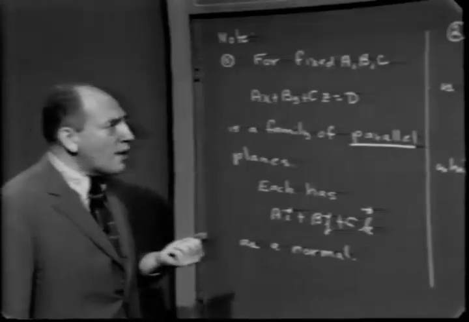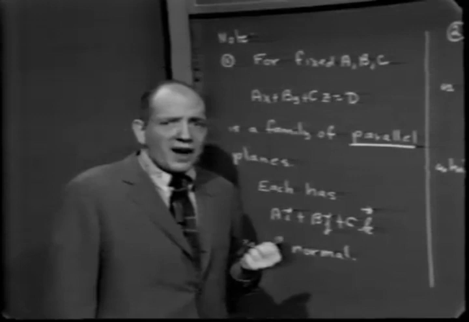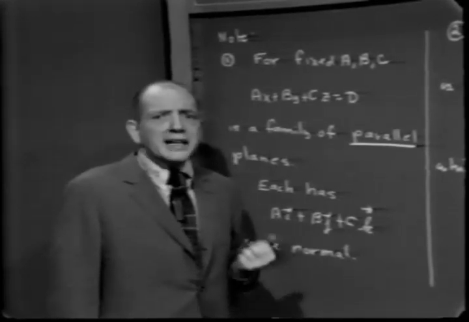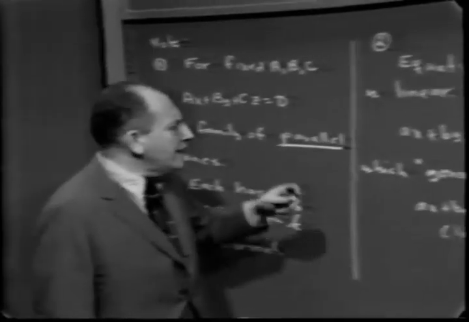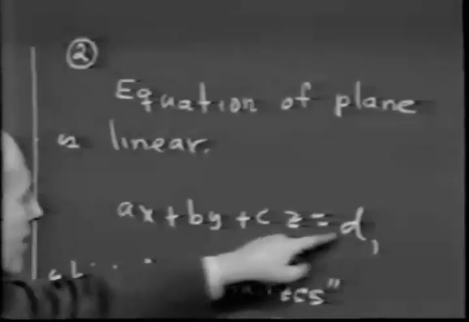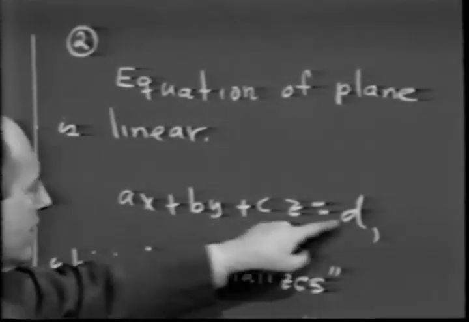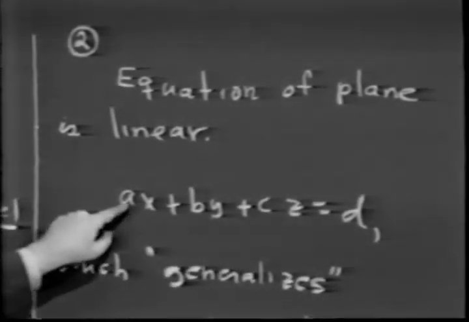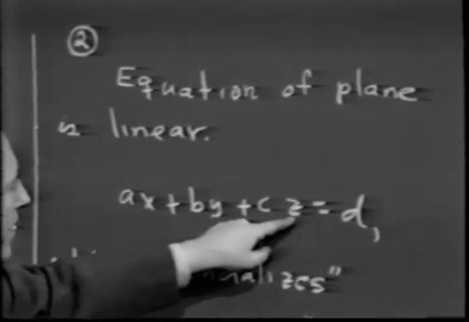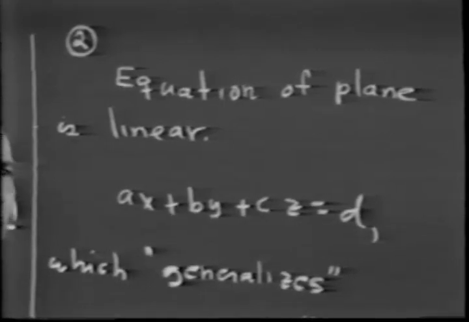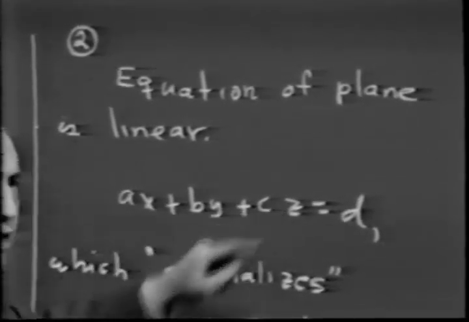The second point I would like to emphasize about the equation of our plane is that it's called a linear equation. With a, b, c, and d as constants, observe that ax plus by plus cz equals d is what we call a linear algebraic equation in the variables x, y, and z.